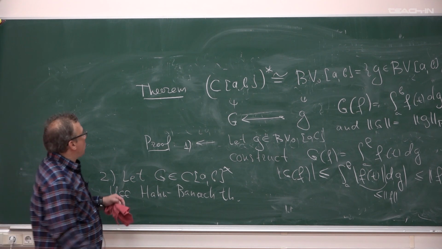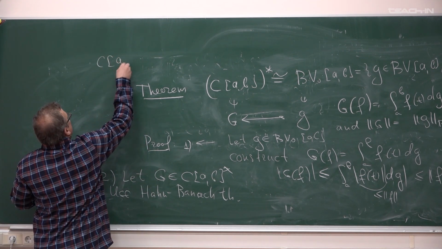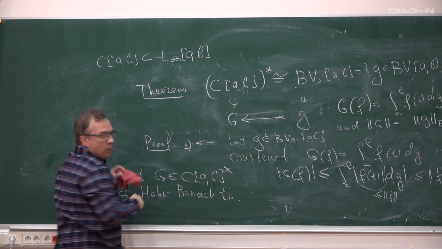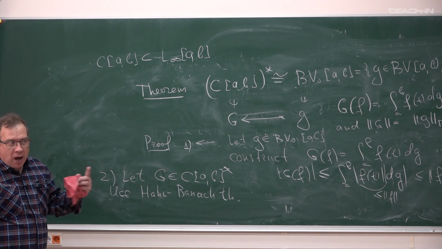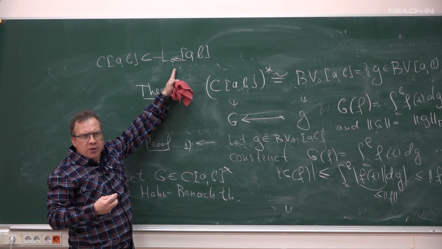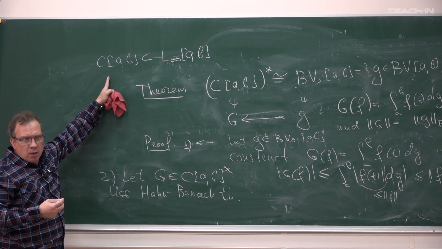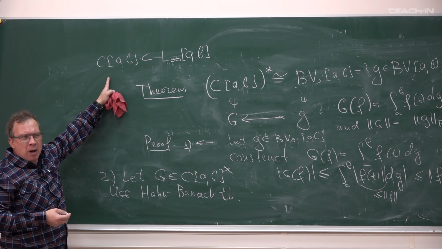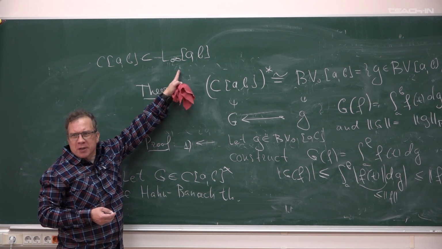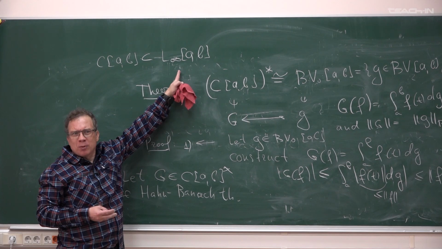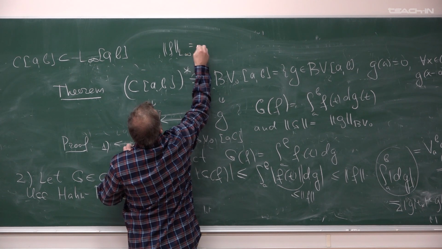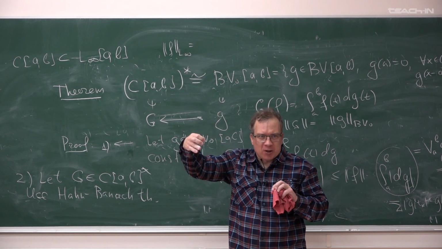What? We know that C[A,B] is a part of the space L infinity, and the norms are the same. Here it is the essential supremum, but the essential supremum for a continuous function coincides with the simple supremum, the maximum. Do I need to discuss what the norm in this space is, what the essential supremum is? L infinity consists of so-called almost bounded functions.